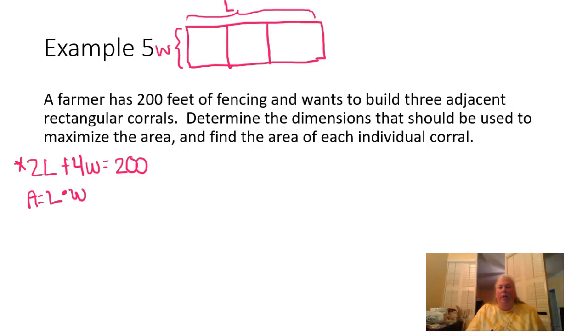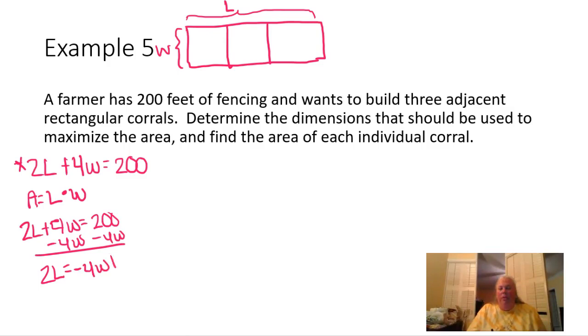Okay, so let's see. Everything is even, so let's divide everything by 2. Actually, let's subtract the 4w over to the other side first. All right, these are not like terms. So you have 2L equal to negative 4W plus 200. And now to get L alone, we will divide everything by 2.